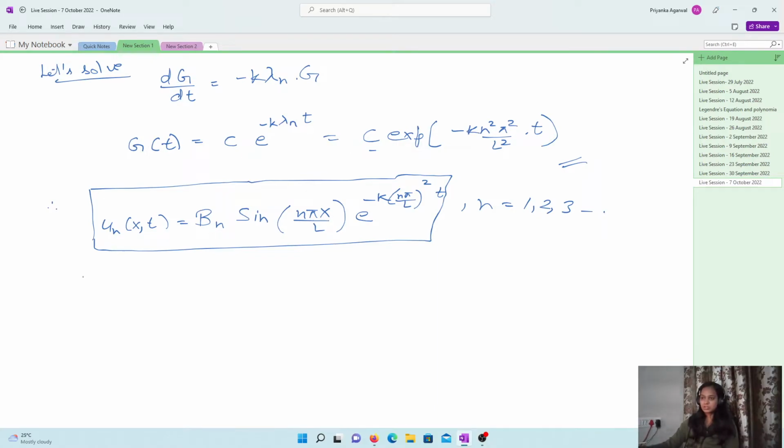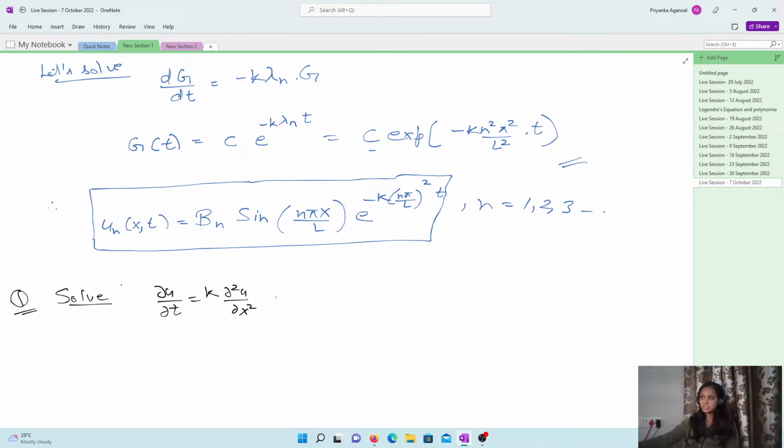Okay. Now based on this, let's solve another question where you have to solve the heat problem for the given initial conditions. So you have to solve del u over del t equals k del square u over del x square.